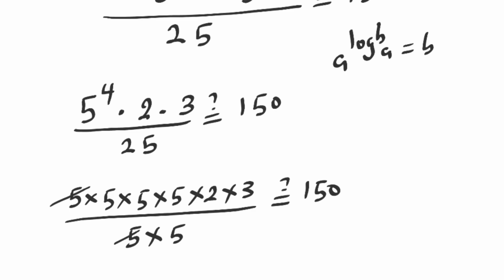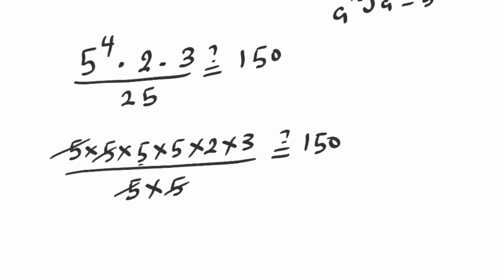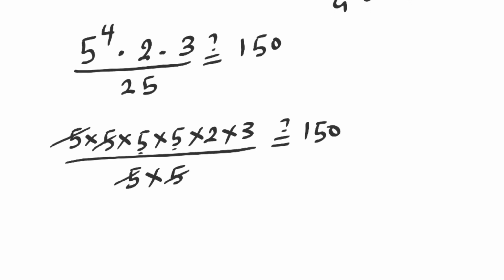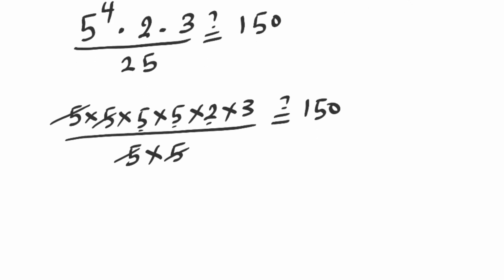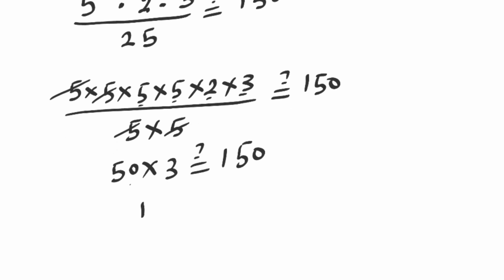The 5s cancel. Then we have 5 times 5, that is 25, times 2, that is 50. 50 multiplied by these 3 must be equal to 150. And of course, 50 times 3, this is 150, is equal to 150, which is true.